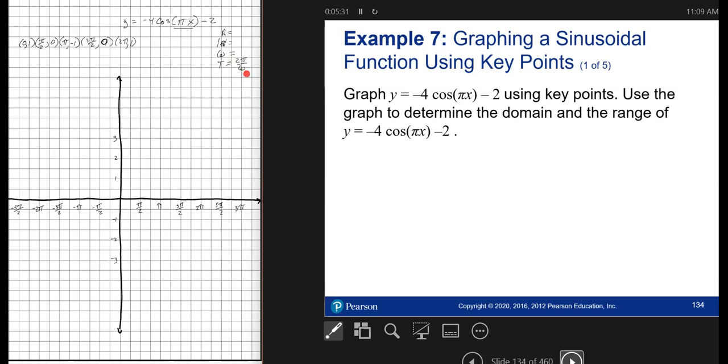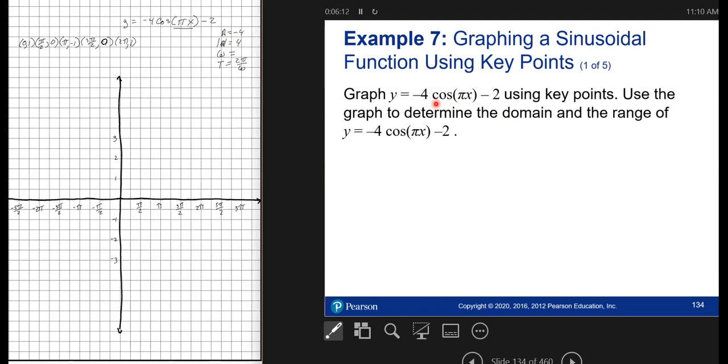Okay. So what's alpha? What is a? In this function, what is the a value? -4. It's -4. So what's alpha? 4. Yes, it's just the absolute value.